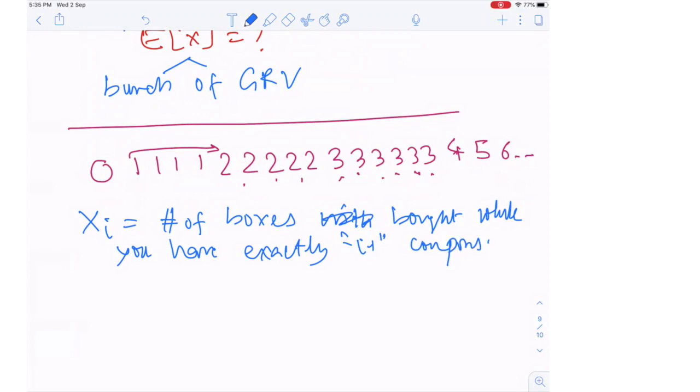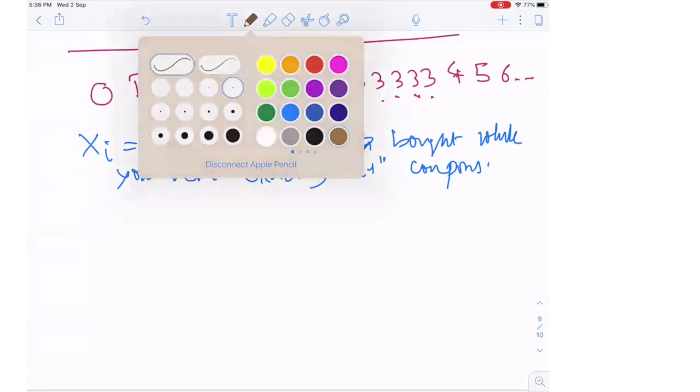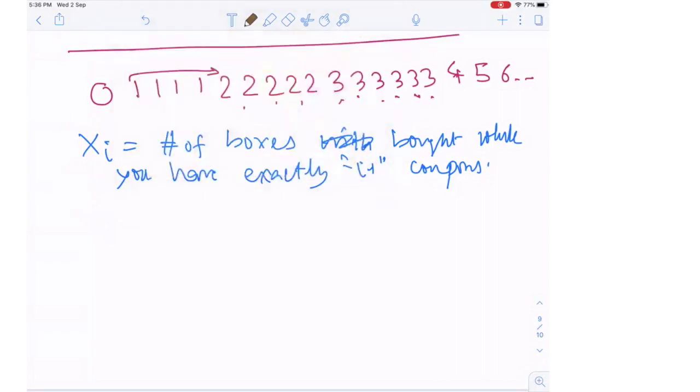So for example, in our example, X0 is 0, X1 is like 1, 2, 3, 4, X2 is like 1, 2, 3, 4, 5, and so on and so forth.